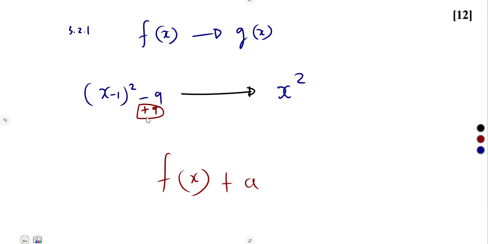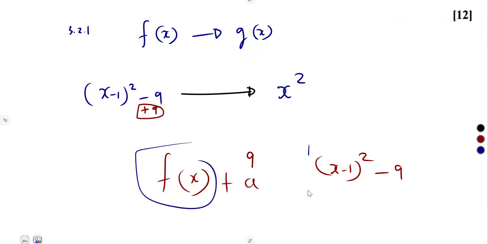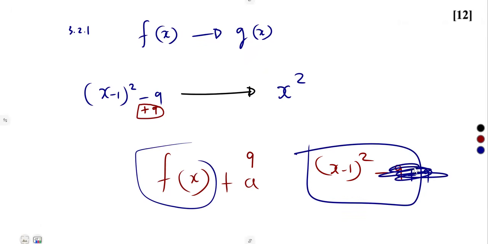We've got a shift of 9 units there, going up. f of x plus a, f of x plus 9. On our f of x, we added a 9. We took our f of x as it was, x minus 1 squared minus 9, then plus 9. This is your f of x as it is, then we added a 9 to it. We neutralize that. We no longer have that.